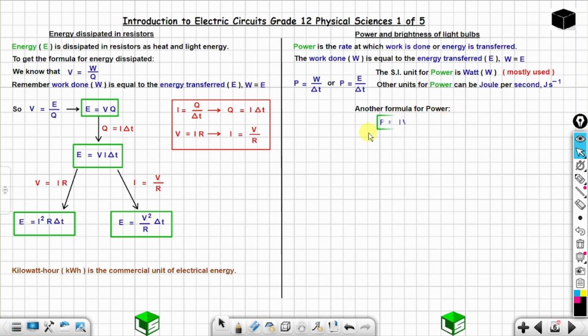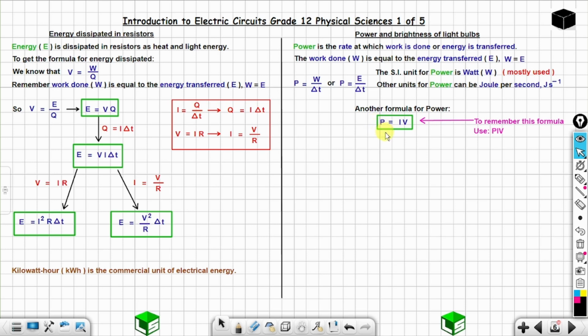Now, another formula for power. We have this formula. The power is equal to the current times the voltage. To remember this formula, use PIV. Now, we are going to use some of the formulae from the previous slides to derive some formulae of power.